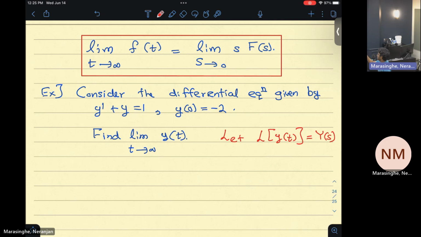It says that the limiting behavior is given by this equation. If you have a system and you need to find its limiting behavior, use the given differential equation and try to find Y(s).